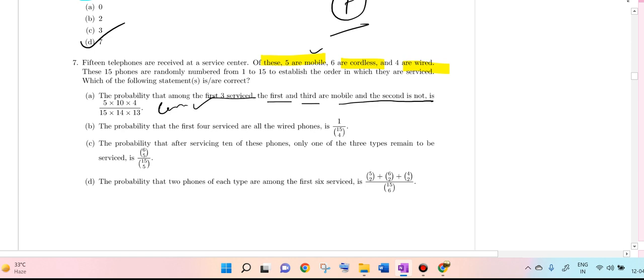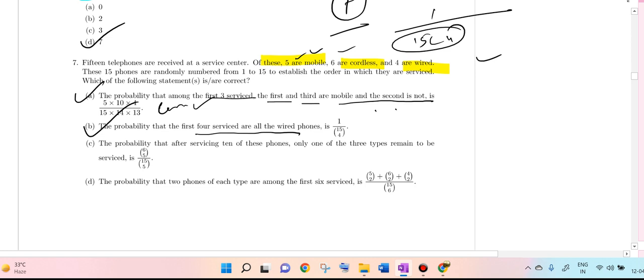The probability that the first 4 services are all wired phones is 1 by 15C4, because out of 4 things 4 will be there, so probability is this. So the second one is also correct. C is the probability that after servicing 10 of the phones, only one of the 3 types remains to be serviced.